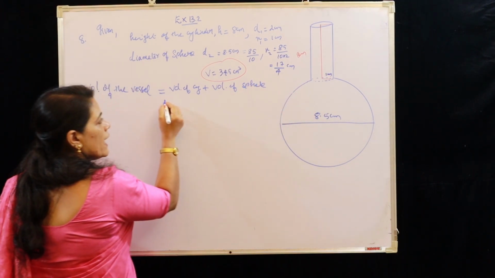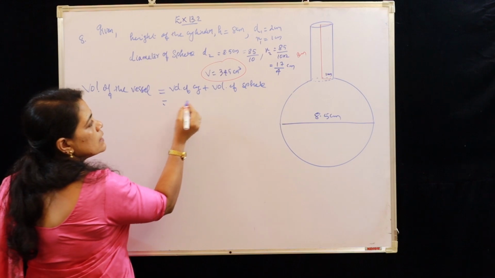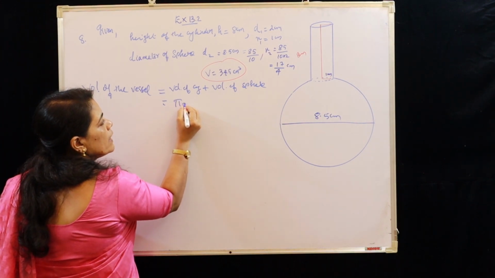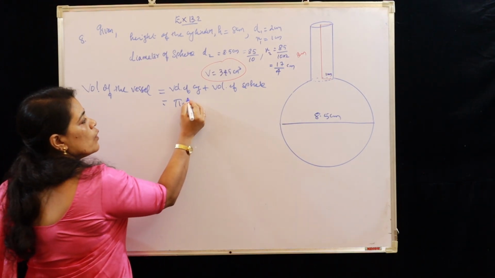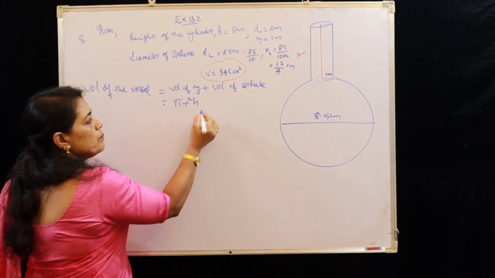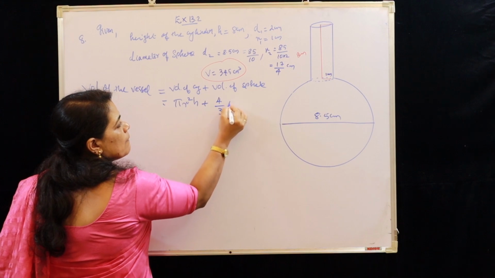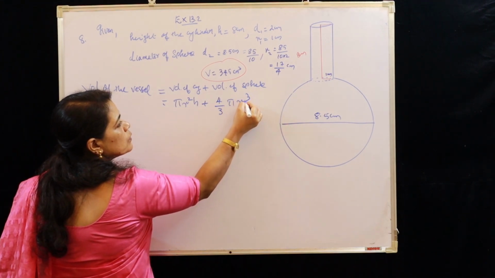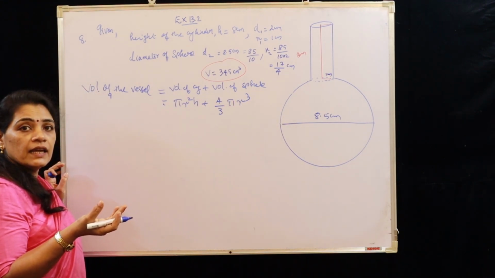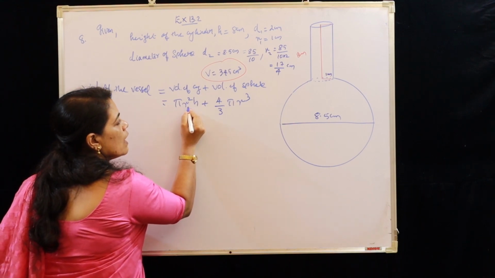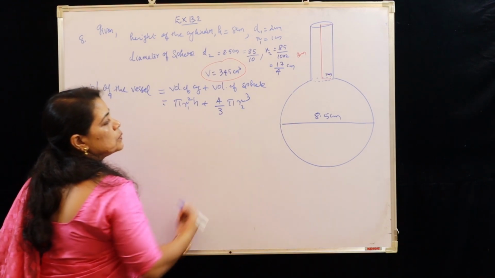We should add the sum of both. That is, cylinder volume is pi r square h plus volume of the sphere is 4 by 3 pi r cube. Okay, both having different radii, so we have to represent with r1 and r2.